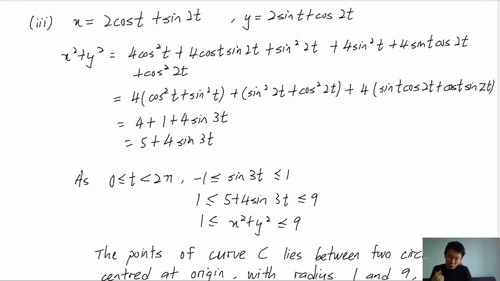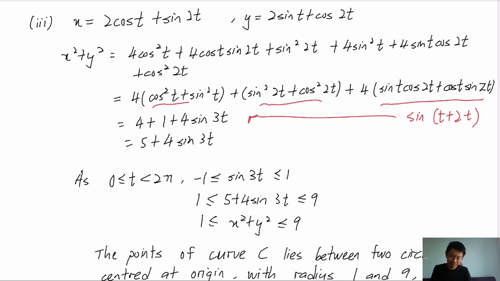After we square them, we get terms like cos² and sin², which actually give us a 1. For this one, it is the compound angle formula for sin 3t, which is sin(t + 2t). So this will be our sin 3t at the end. It is not difficult to prove, for part 3.